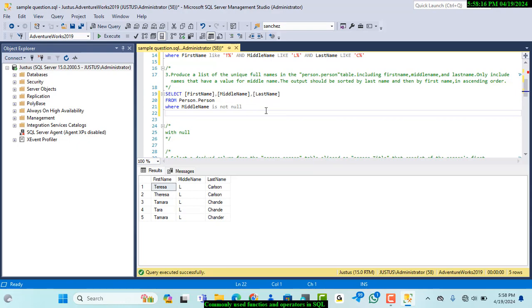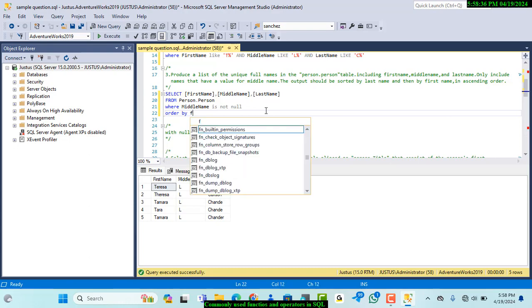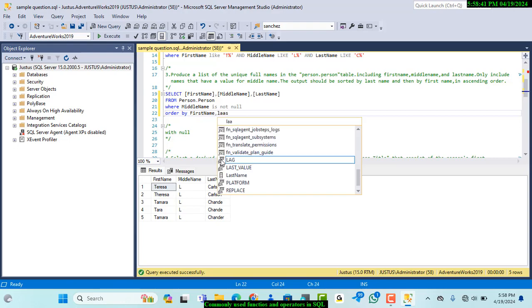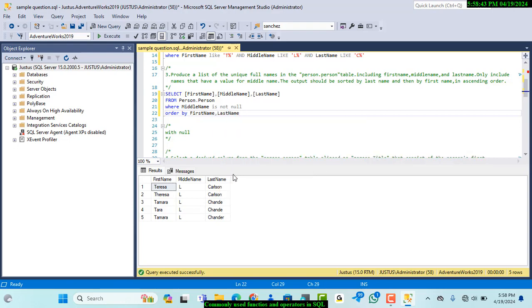Okay. So the question doesn't stop at that point. It goes ahead and says the output should be sorted by the last name and then by first name in ascending order. So the order of sorting here: sort by last name, comma, first name in ascending order.